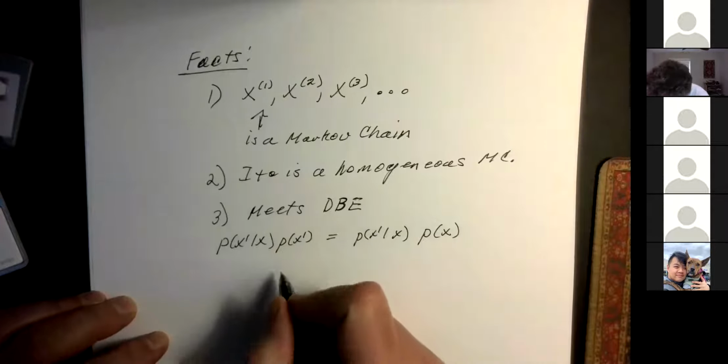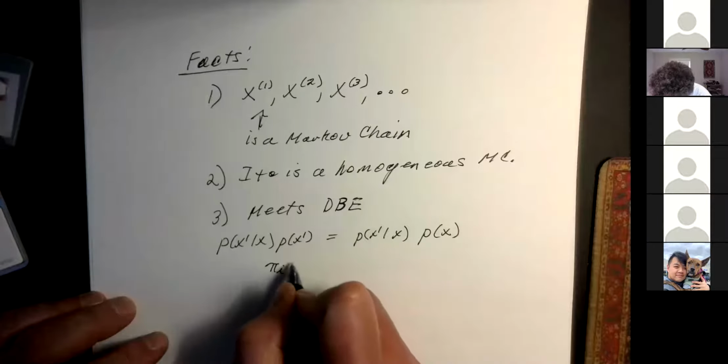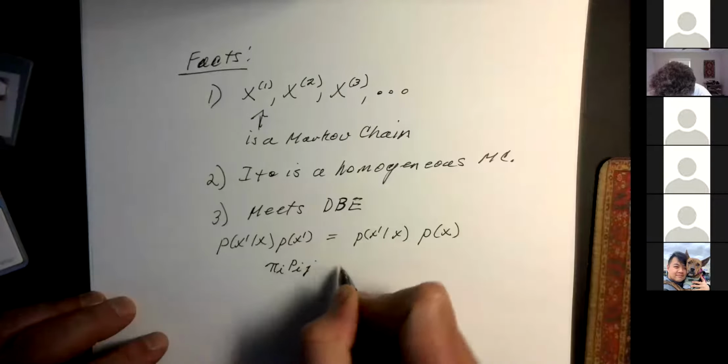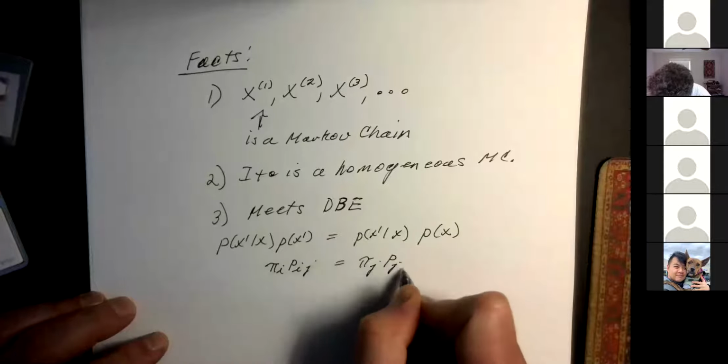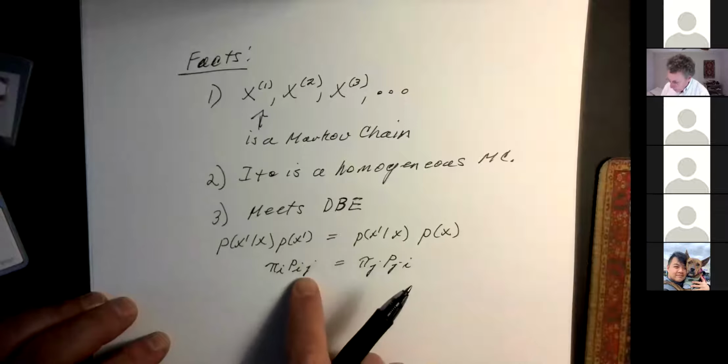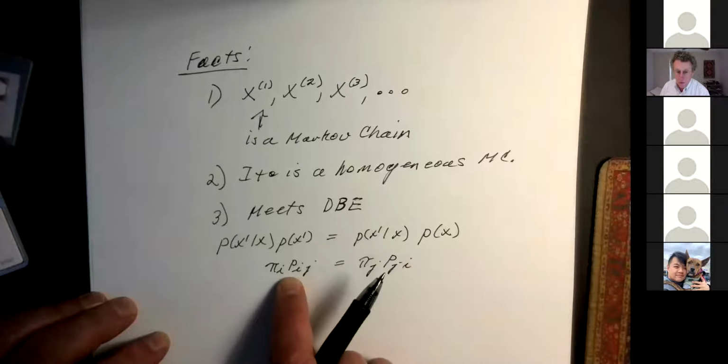Because remember, the detailed balance equations, another way of putting it, were that pi sub i times Pij is equal to pi sub j times Pji. But the state here is X. And this might be confusing because we usually use i's and j's when we're talking about Markov chains.